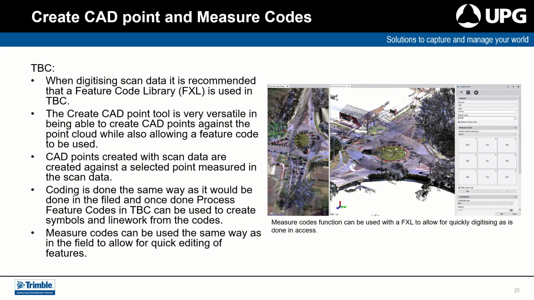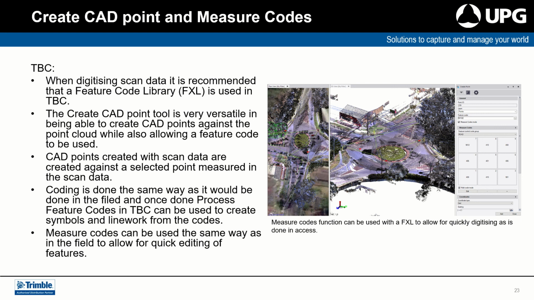When specifically looking at the create CAD point and measure codes function in TBC, the create CAD point is, as mentioned before, the easiest way of relating back to traditional survey practices. So points will be created. You can use your existing feature codes in creating these points. And then in TBC, when creating points, you can actually use the measure codes function, which is available in Access, to line up different types of codes and to allow quick digitization and moving up and down of strings as needed, relating again to what's been picked up in the field.